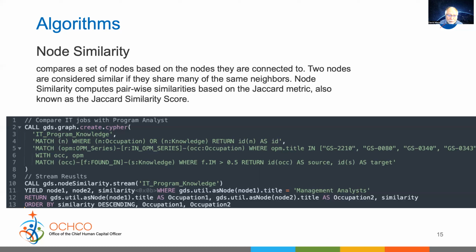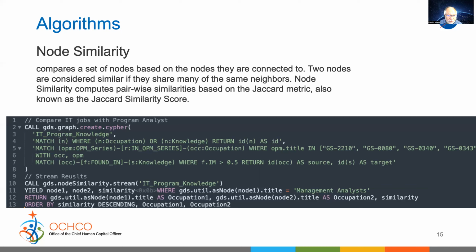I've also pulled out all the various pieces of knowledge necessary to that occupation that have an importance level greater than 0.5. Remember, I talked about attributes that are added as properties within the relationship. Here I'm using that importance rating to say I want to know the pieces of knowledge that are more important for this particular occupation.